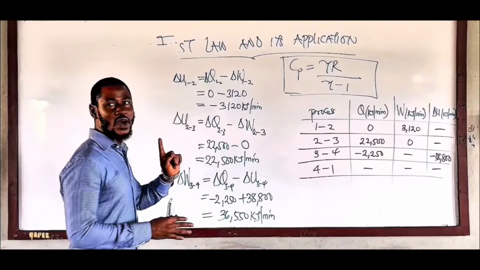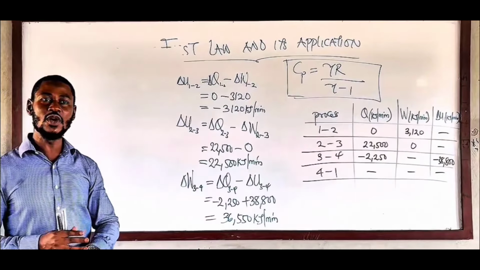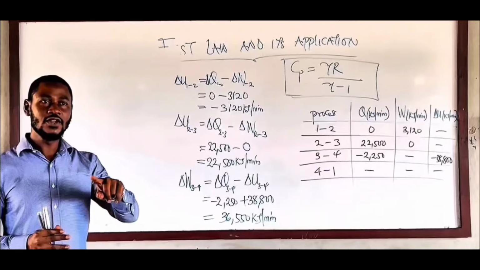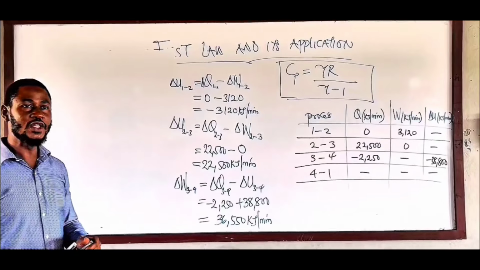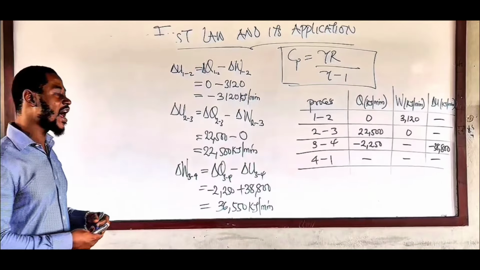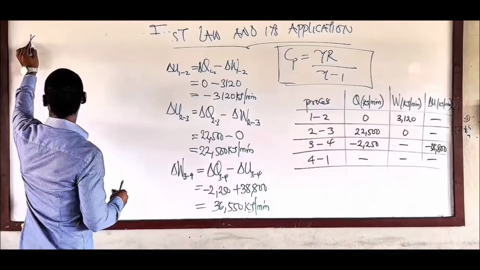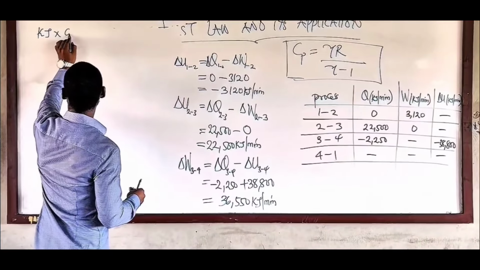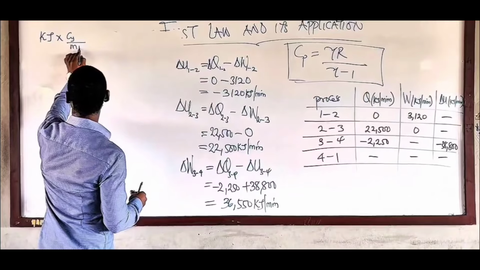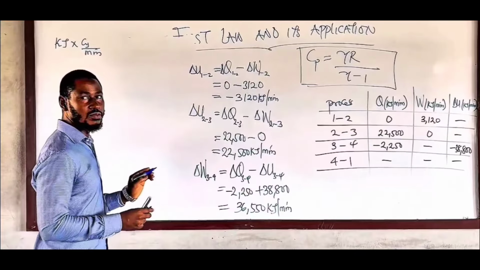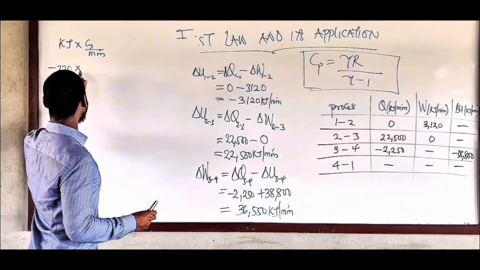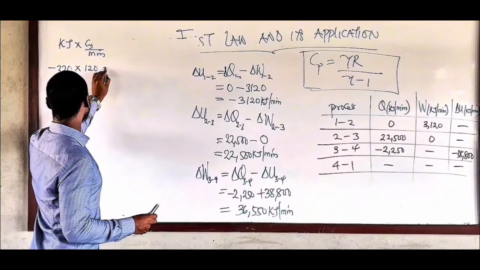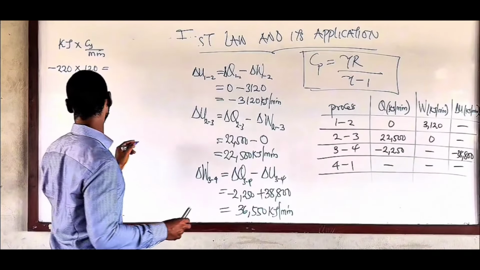But the Q that was given in the question is in kilojoule per cycle. So we are going to multiply kilojoule per cycle times cycles per minute. Then we have minus 220 multiplied by 120, which will now be what? What is the value?